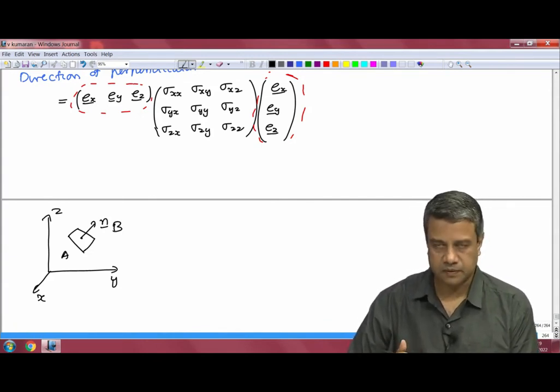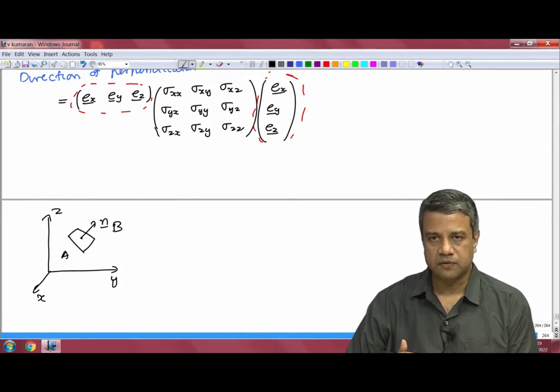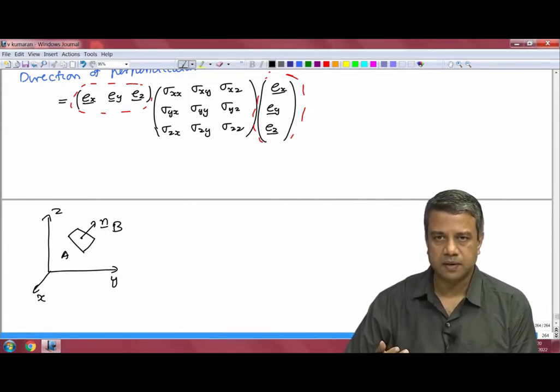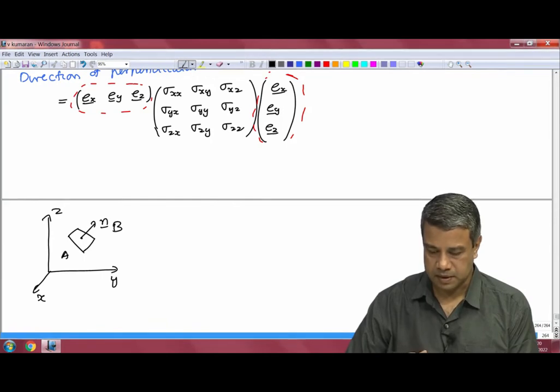These are two different volumes, and there will be a force exerted by the volume B on the volume A, and an opposite force exerted on the volume B by the volume A. They appear in pairs.